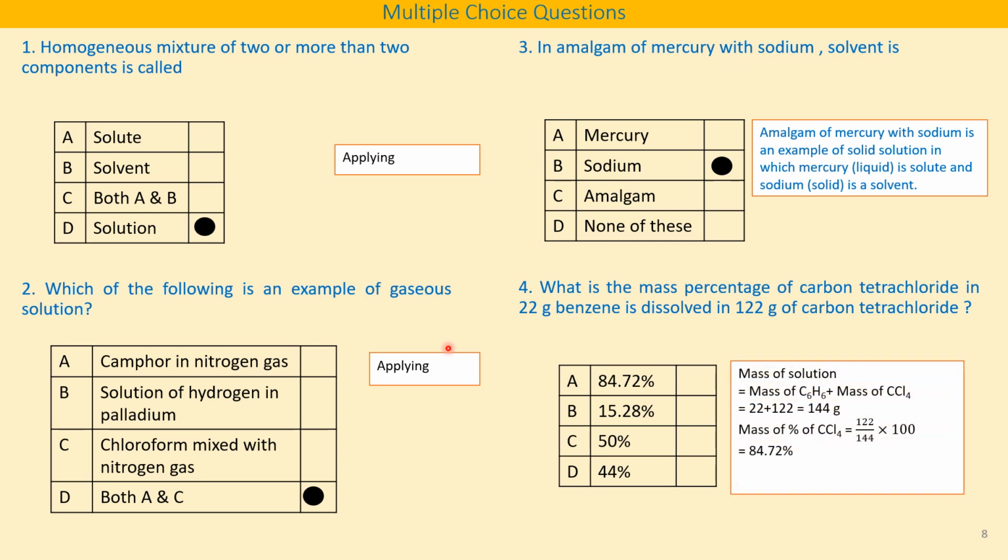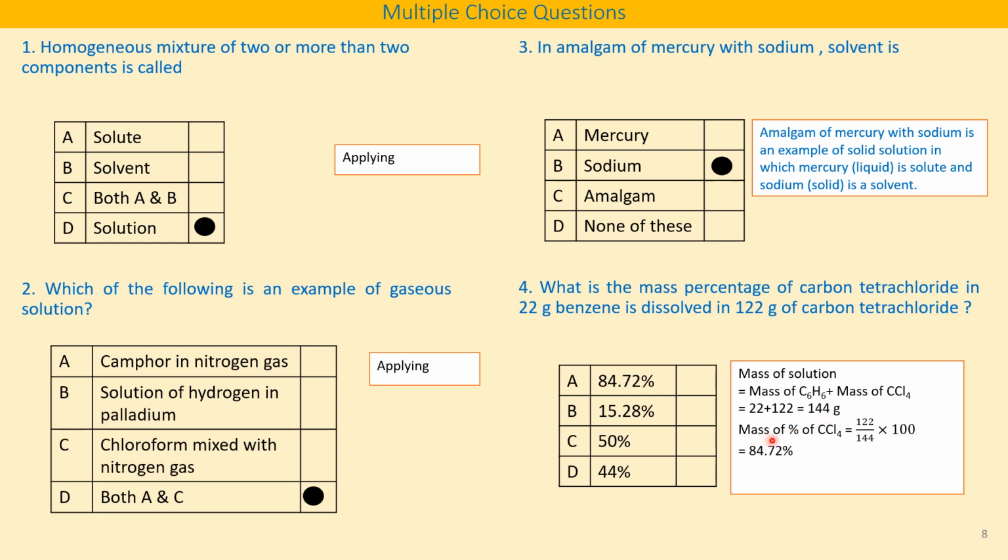So let us analyze. Mass of solution equals mass of C6H6 plus mass of CCl4. That is equal to, it is given, 22 of benzene plus 122 of carbon tetrachloride. That is 22 plus 122 is equal to 144 grams.